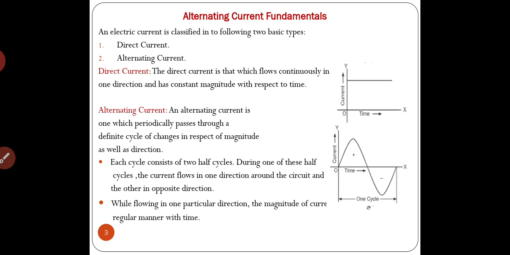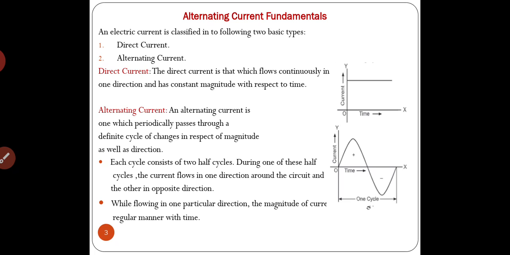So that is called alternating current. Each cycle consists of two half cycles. During one of these half cycles, the current flows in one direction around the circuit and in the other, in opposite direction.